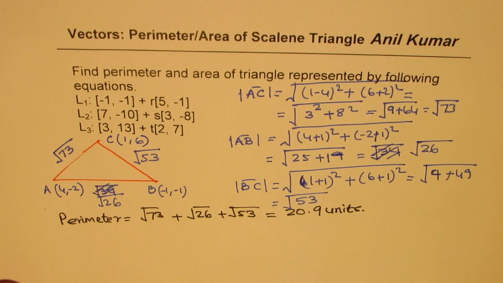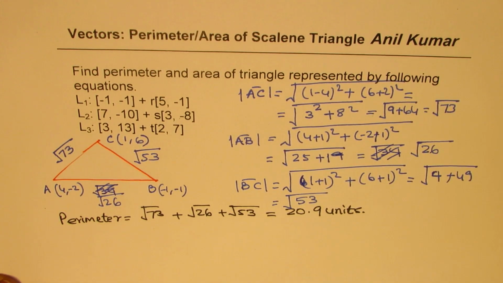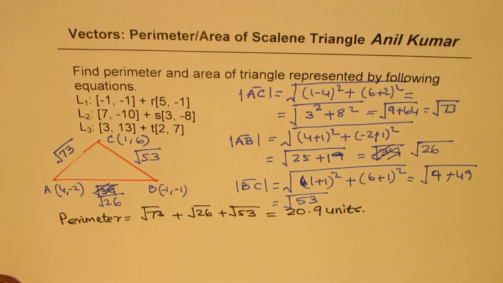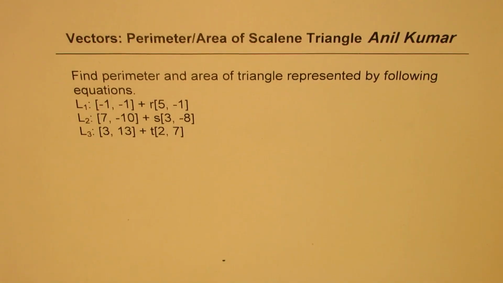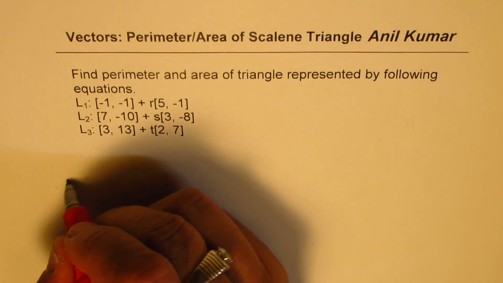Now, let us see how to find the area of this particular triangle. We know the side lengths. We know the equation of the lines. And let's see how to find the area of this scalene triangle. So again, let's redraw the triangle.